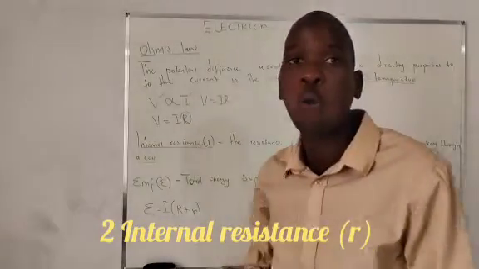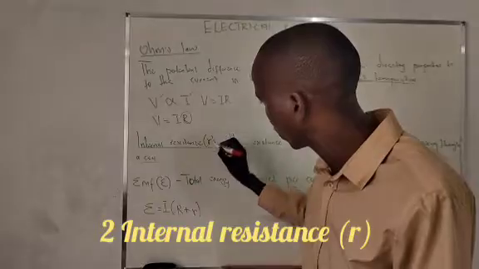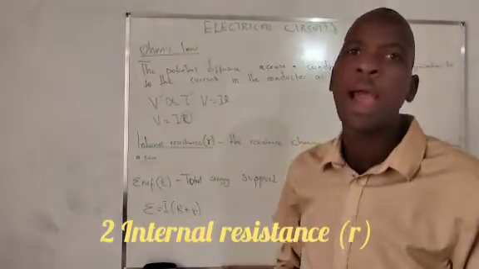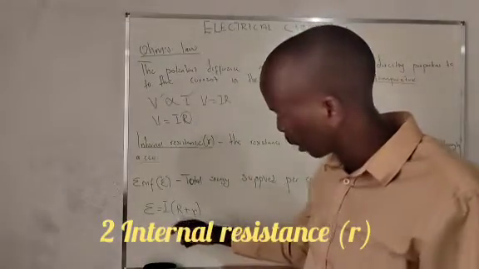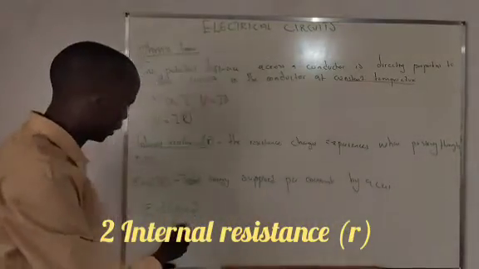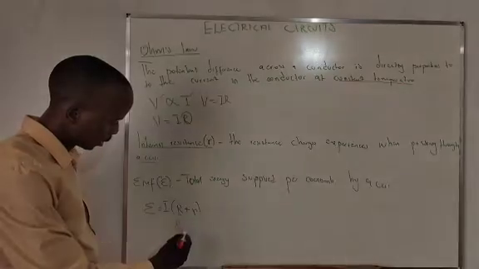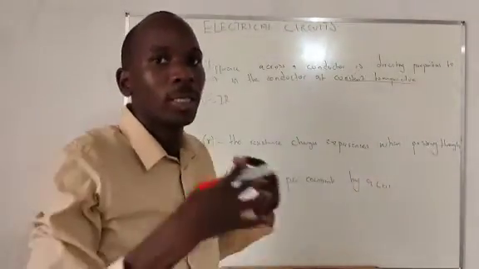The symbol for internal resistance is a small letter r. The symbol for the resistance outside the cell or anywhere in the circuit is a capital letter R. Sometimes this resistance can be denoted by R external to show that it is a resistance outside the cell, outside the circuit.